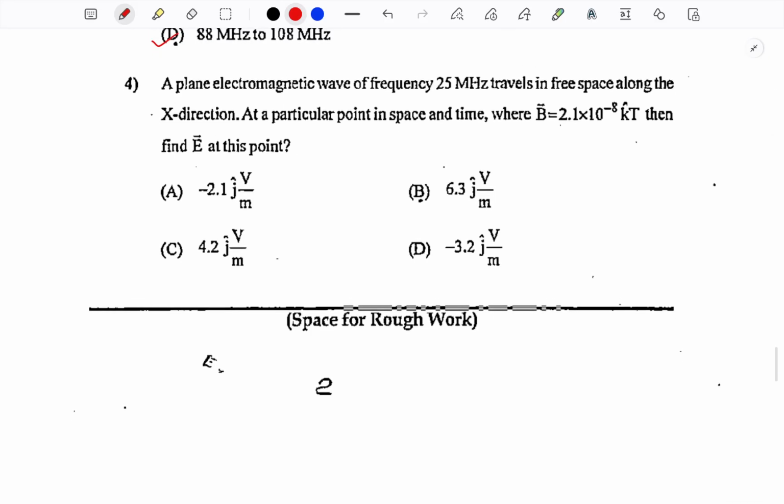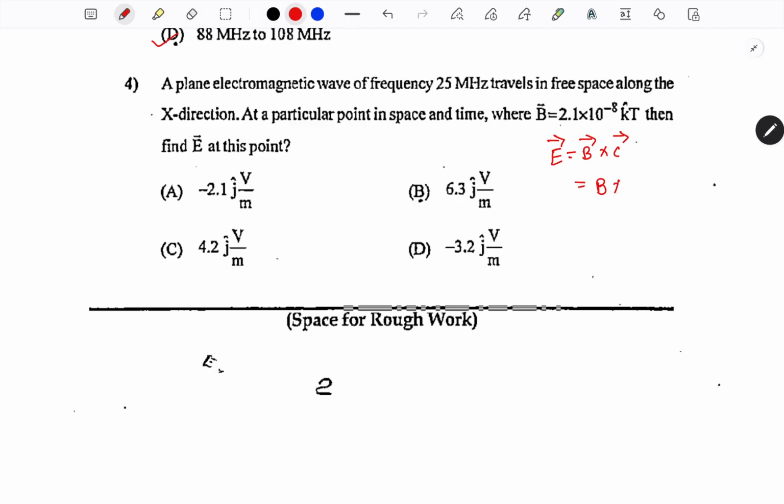Next question. A plane electromagnetic wave of frequency 25 megahertz travels in free space along the direction X. At a particular point in space and time, B is equal to 2.1 into 10 to the power minus 8 k cap. Then what will E be? So we know that the E vector is equal to B vector cross C vector.